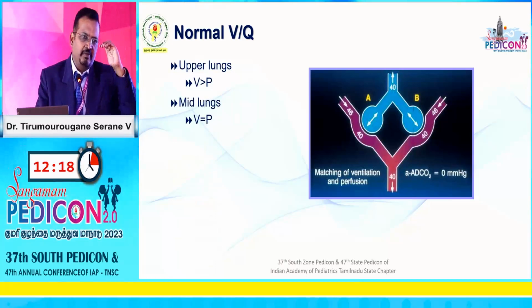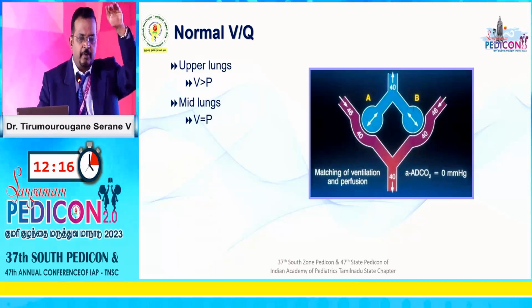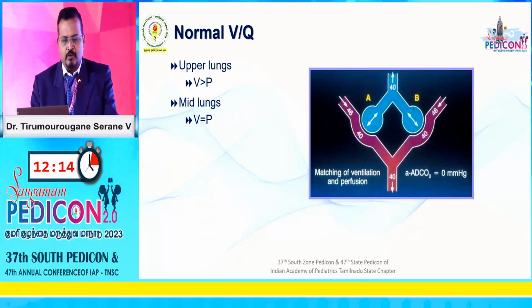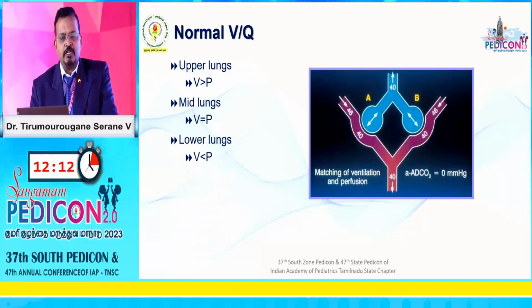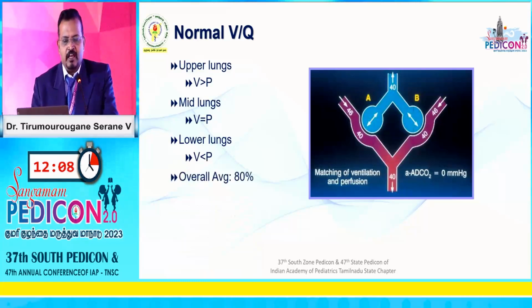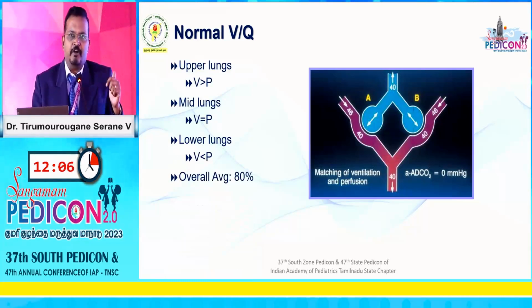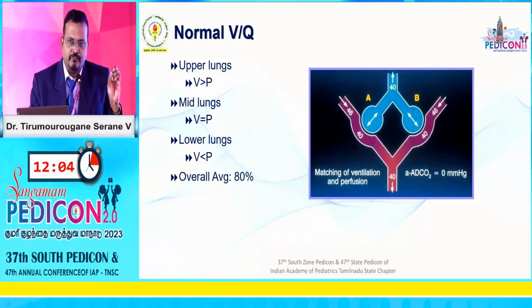Even for a newborn baby who is lying, depending upon the position, the upper part will have perfusion lower than the ventilation, and vice versa happens in the lower part of the lungs. On average, only about 80% of the lungs contribute to any respiration.